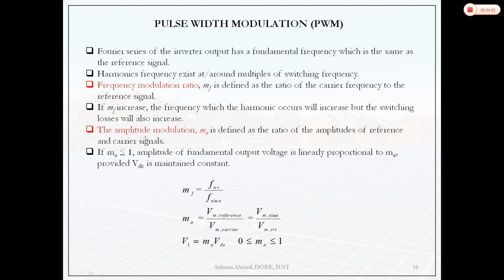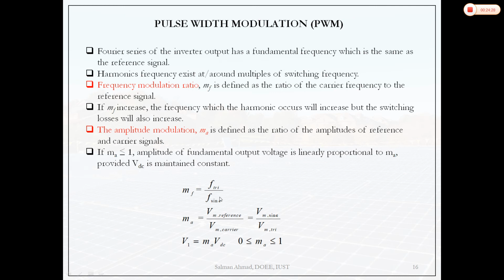The amplitude modulation is defined as the ratio of the amplitude of the reference signal to the carrier signal. Normally you will find that amplitude modulation is less than or equal to 1, and the output voltage will be linearly proportional to the amplitude modulation.